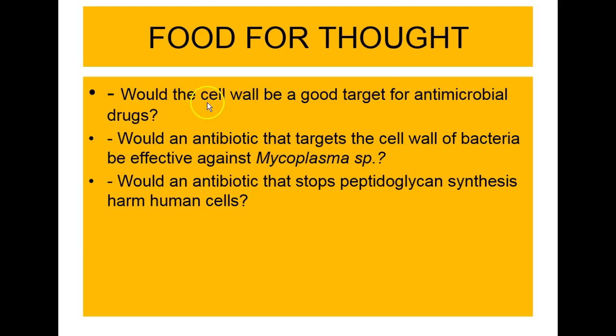Again, consider whether cell walls are unique structures to microorganisms and essential structures to microorganisms. Would an antibiotic that targets the cell wall of bacteria be effective against Mycoplasma species? Would an antibiotic that stops peptidoglycan synthesis harm human cells?